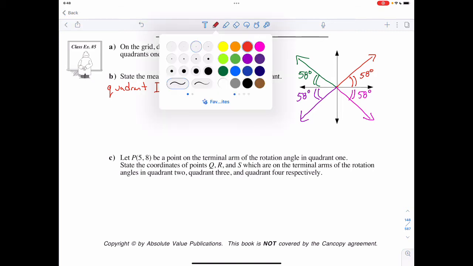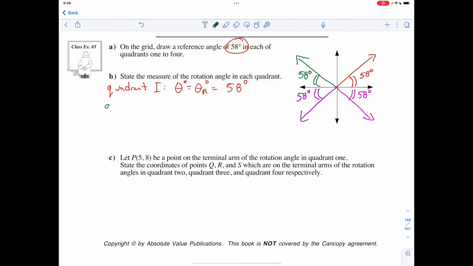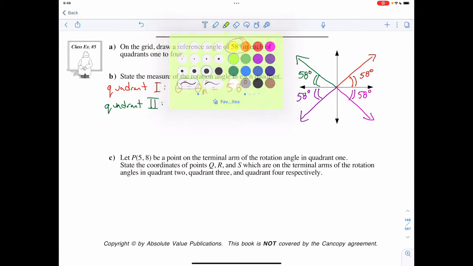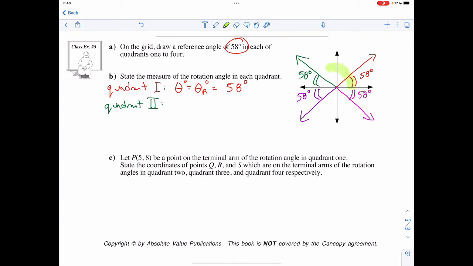In quadrant 2, we can see here that it's rotating all the way over here. And if I combined my rotation angle with my reference angle, it would make 180 degrees.